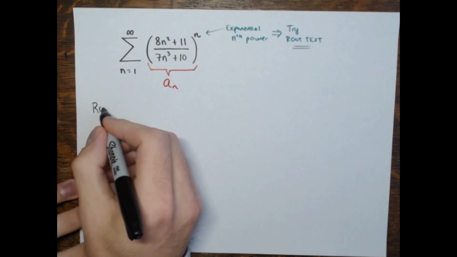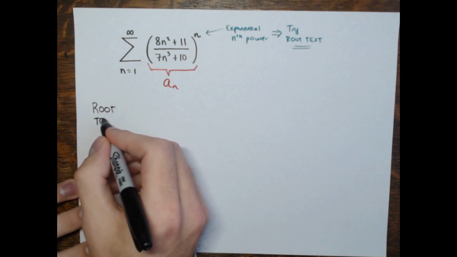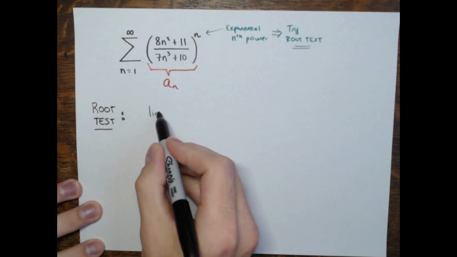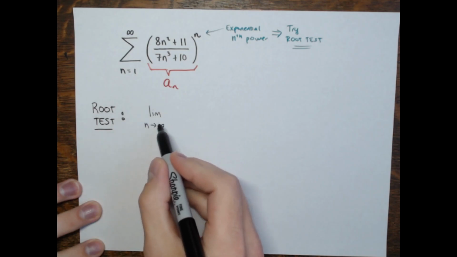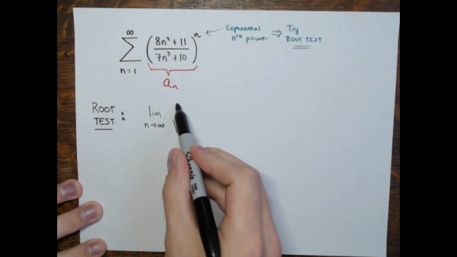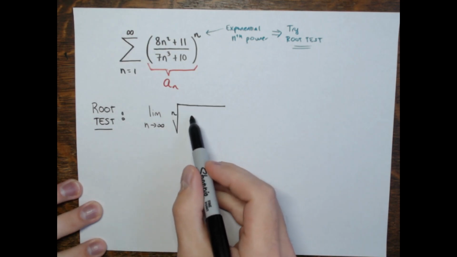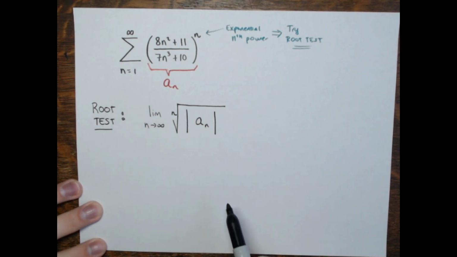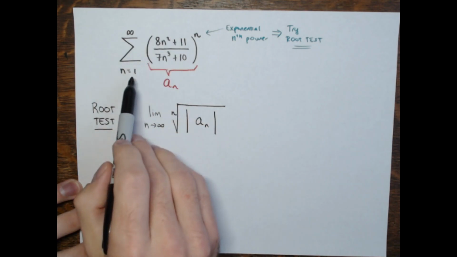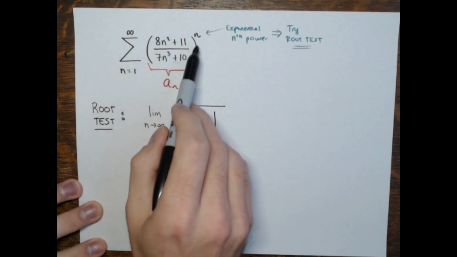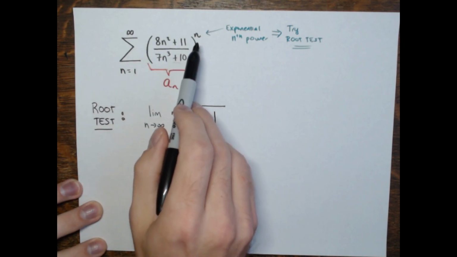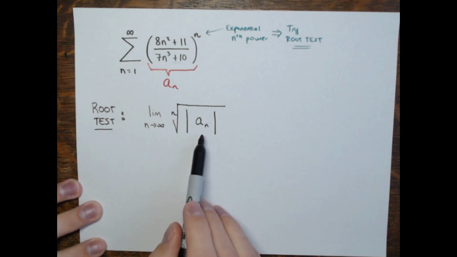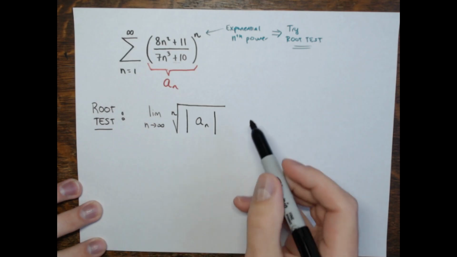So if I'm going to apply this root test to this, you're taking the following limit. You take the limit as n goes to infinity of the nth root of the absolute value of our terms. Now, for n equals 1 or greater, these are all going to be positive anyway. I don't see any way any of the terms will be negative. So when I write this up, we can get rid of the absolute value.